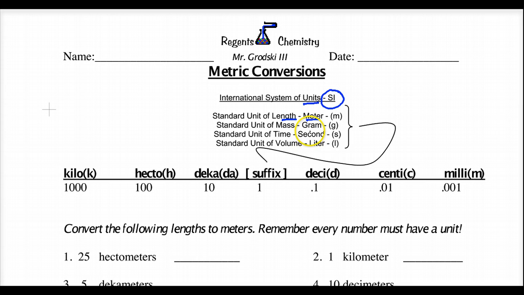In our country, we use a lot of pounds, but you can hear grams. Time is in seconds, and how much stuff you have in an area is called a liter. So we have units that measure different things, and what we're going to do today is learn how we convert within the same type of unit.